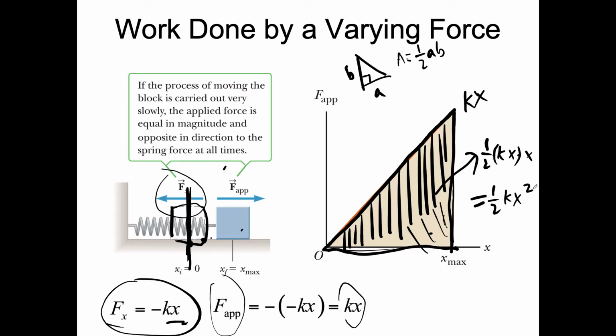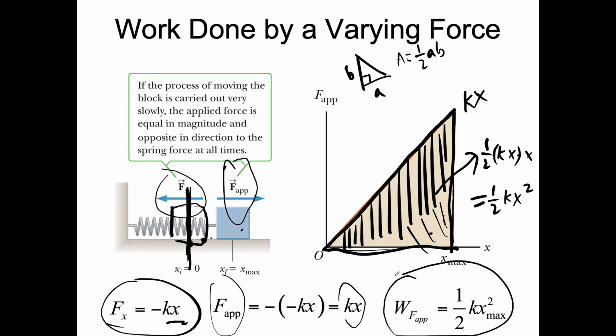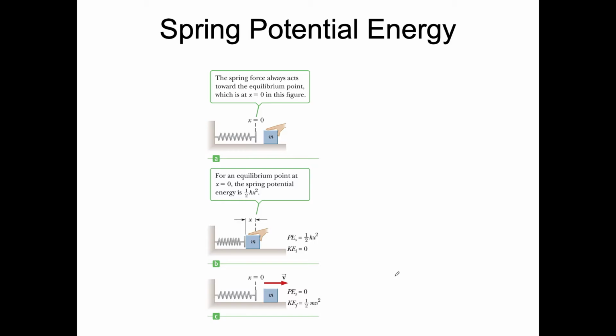And this is exactly the work we need to do to pull the block from 0 to x. So the work done by the force we apply is 1/2 kx squared. And this is also the elastic potential energy stored in the spring when the spring goes from 0 to x.